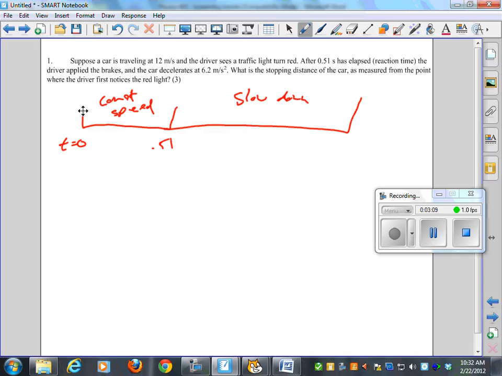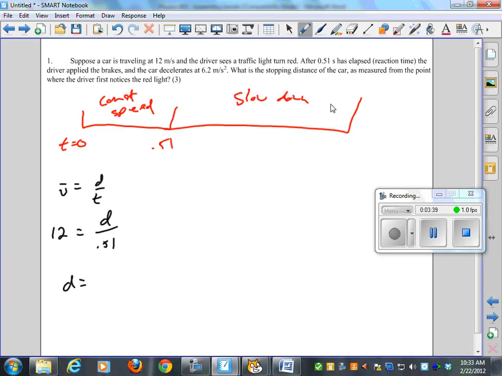The first one is a constant speed, V bar equals D over T. How fast is the car going to begin with, Mary? Yeah, 12, right? So we need to find out how far it goes in that 0.51 seconds. There's the constant speed portion, and then there's the slowing down portion.